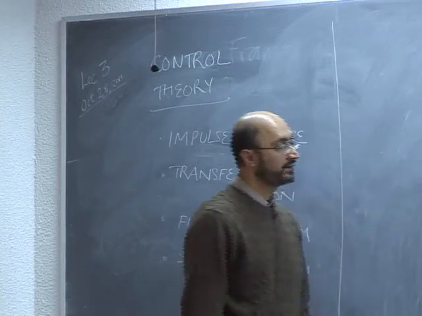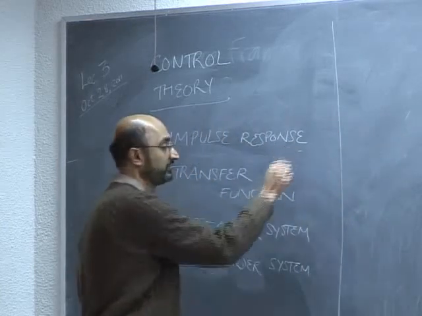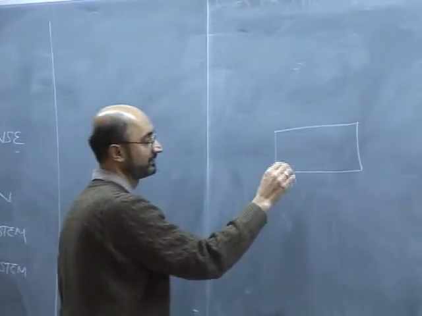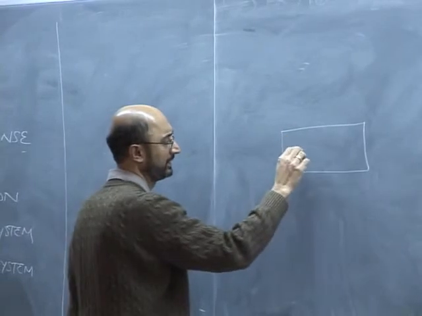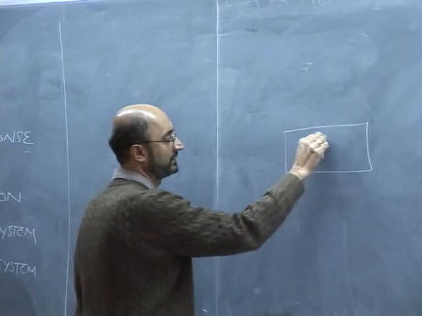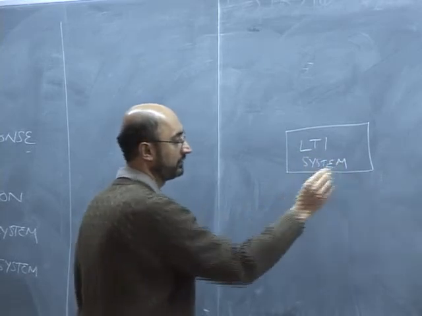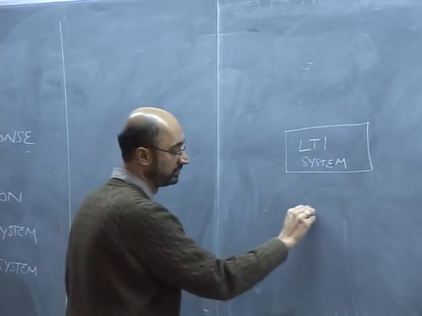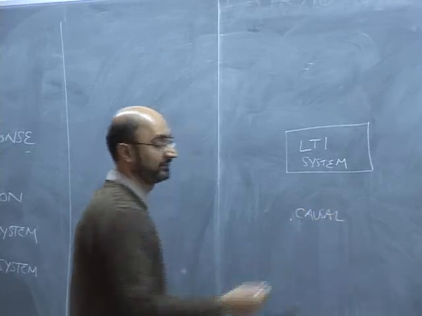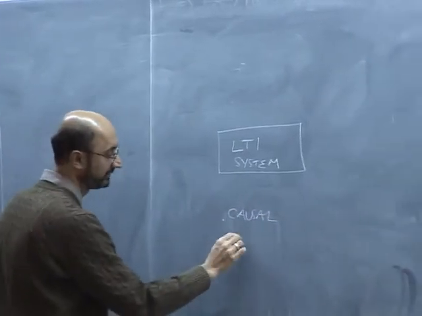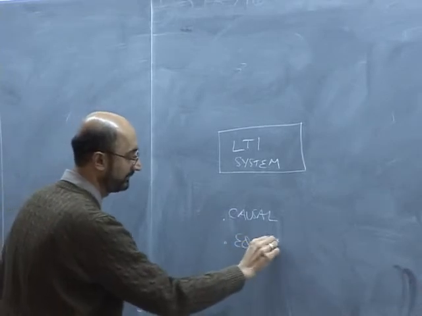Okay, let me come back to the impulse response. So we consider an LTI system, a linear time invariant system, and we almost always assume it's causal, which means that there is nothing happening before time 0, and second, we assume that it's in equilibrium at time 0.